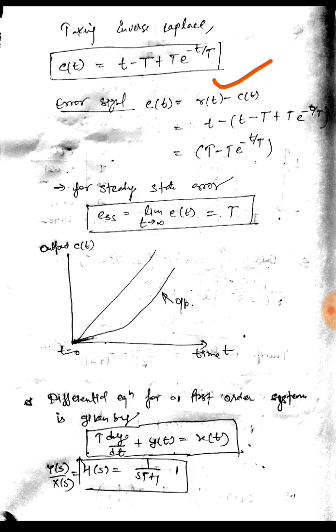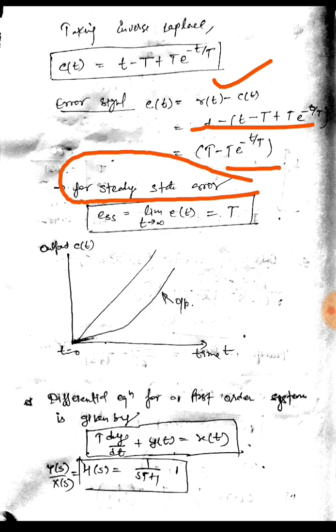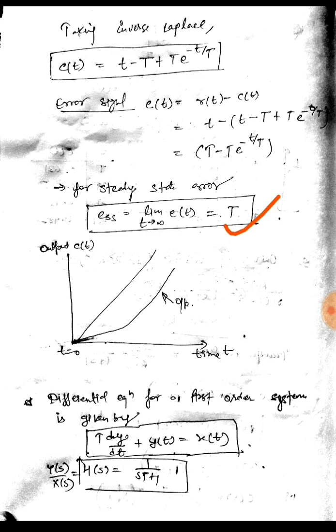So when I calculate it, it comes out to be T minus T e raised to power minus t by T. So steady state error means when the system's output becomes stabilized at t equal to infinity. So steady state error can be calculated as limit t tends to infinity, that is time tends to infinity, in this function e(t). So it comes out to be capital T. So if this is our input, that is a ramp signal, and this is our output for this function, then this difference is the error signal.